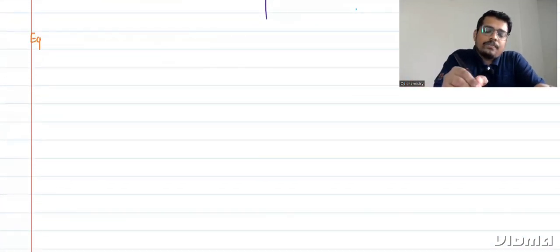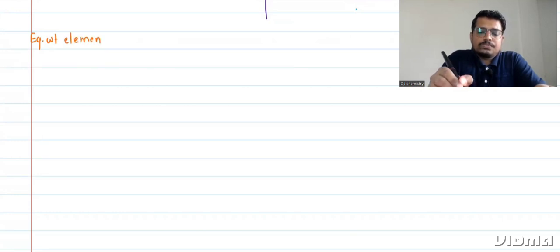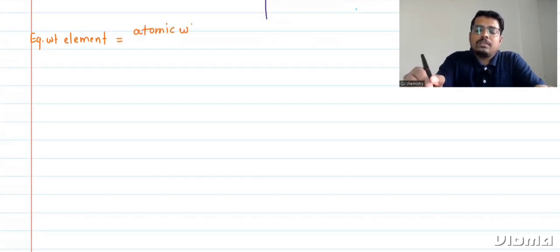Equivalent weight of element is equal to its atomic weight divided by n factor. N factor is the valency in case of element.